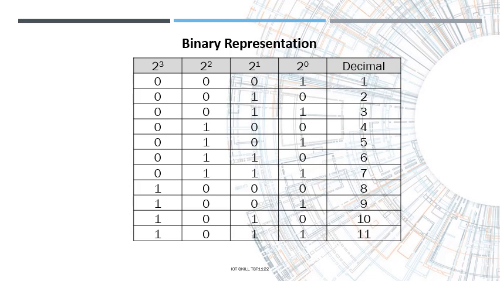So let's say 1 is 0, 0, 0, 1, and 2 is 0, 0, 1, 0. 3 is 2 plus 1, so it will be 3. And 4, the 1 is under 2 raised to power 2, so it would be 4, and so on.